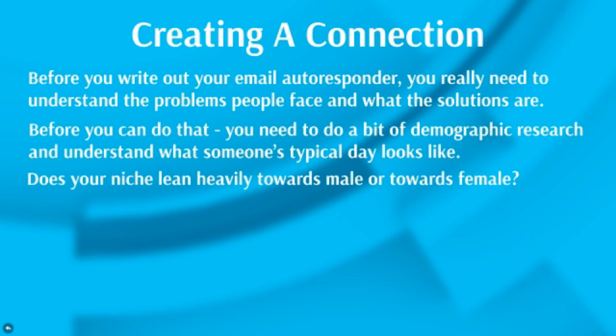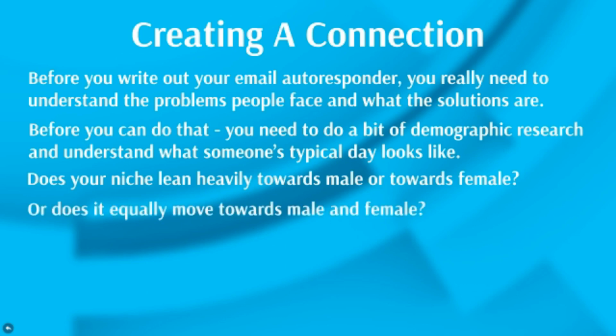So my question to you is, does your prospect within your niche lean heavily towards male or towards female? Or does it equally move towards both male and female? For it to lean just towards female, let's say for example that niche is 90% female, or even 95% female, or even 75%.